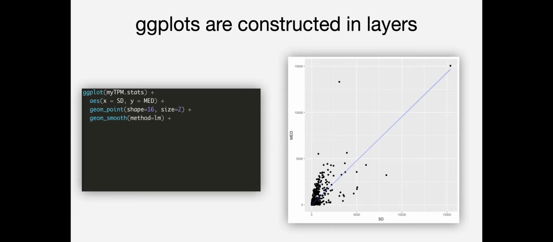Geom smooth will fit a curve to the line, and geom smooth is a way that we can set a particular method, in this case a linear model fit to the data. I could then, if I wanted, do an additional plot on top of that. So there's no restriction here to choose a plot type.